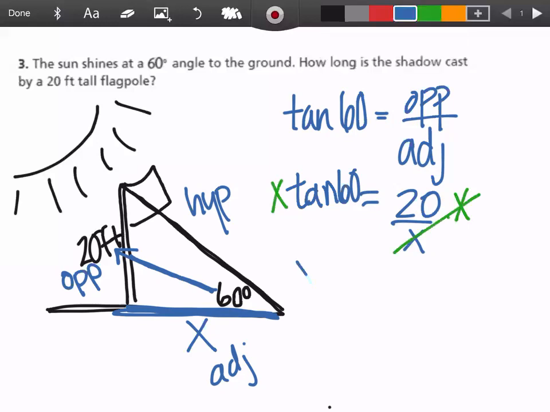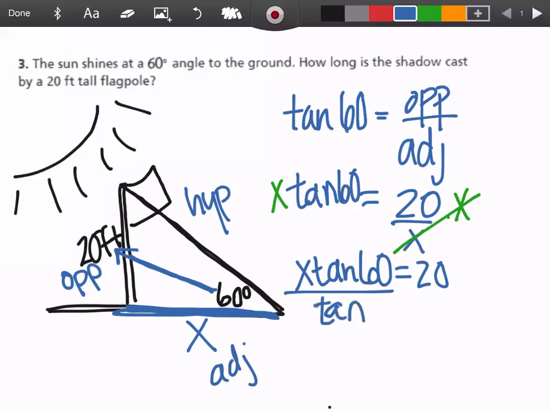Now you have X times tangent of 60 is equal to 20. And then to get X by itself, we'll divide by tangent of 60. And there's different ways you can solve that to get X by itself. So if you solved it differently and still end up with the same answer, that is fine.